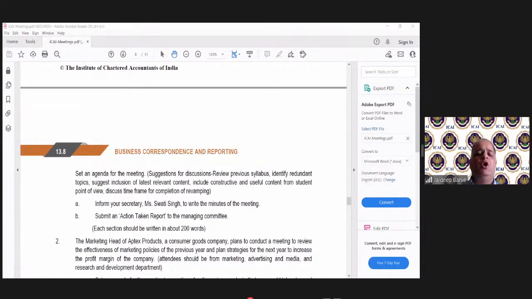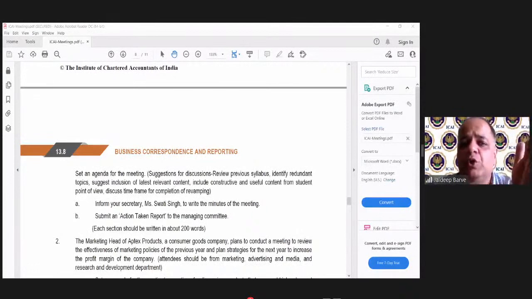Mukta is also fine. Okay, so basically, I think some of the students still have a confusion on the action taken report, ATR, which is action taken report. See, just understand the logical flow. There is an agenda, then the meetings happen. After the meetings happen, then you write the minutes.